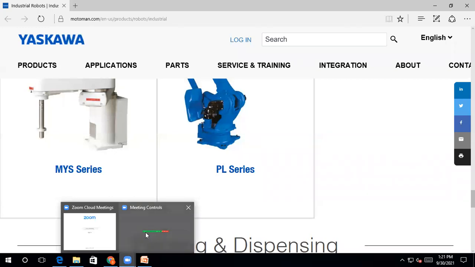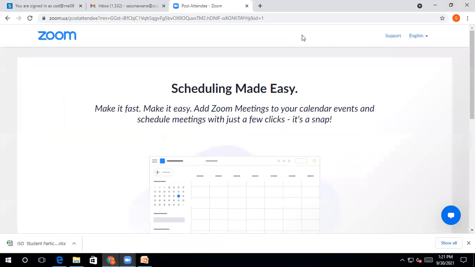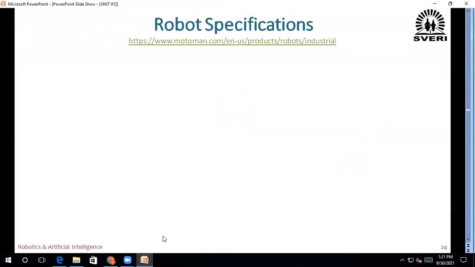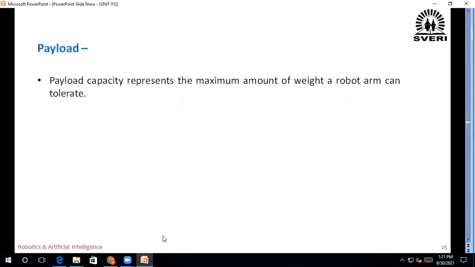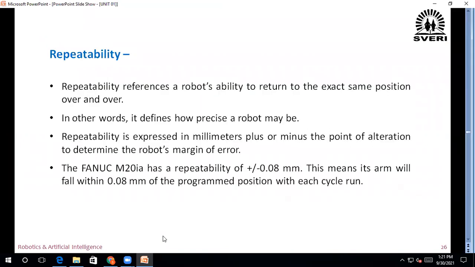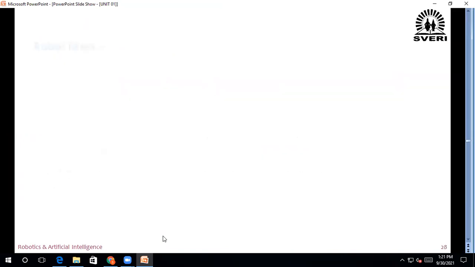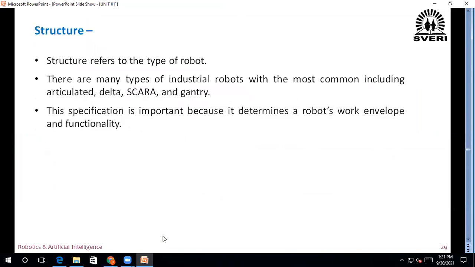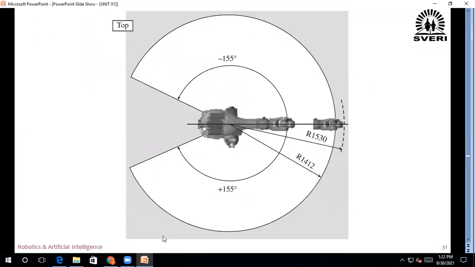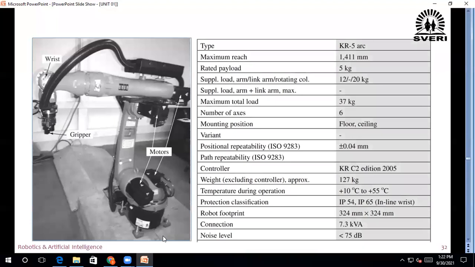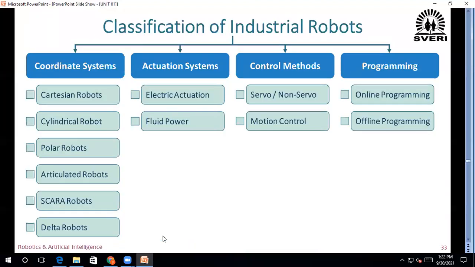Therefore, we have seen all the things. I think I have covered the two points again, that is history of robots and robot specifications, and what are the different components of the robot.